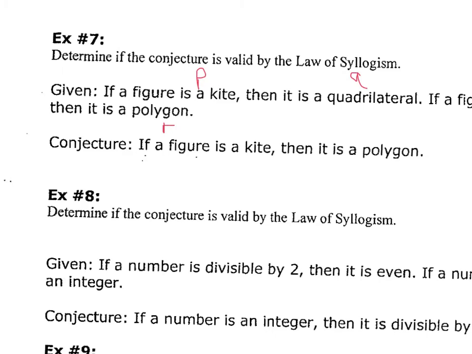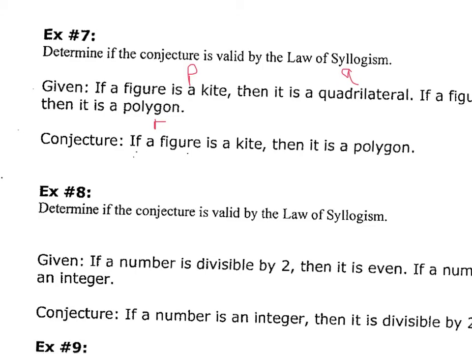Okay. So it says if a figure is a kite, then it is a quadrilateral. We need to see if P goes to Q, then Q must go to R, and if that happens, P also goes to R. That will make the conjecture valid by law of syllogism.